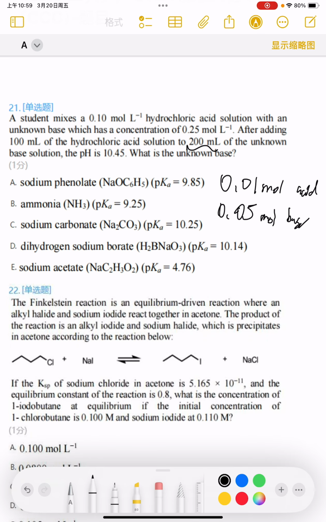Acid and base, okay. They told us that the pH is 10.5. So then we can instantly tell that the base would be left with 0.04 of the base.